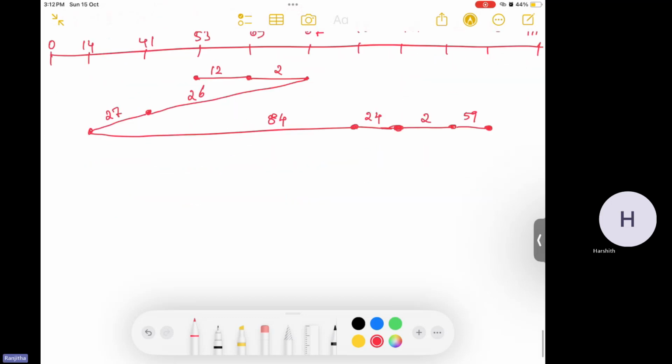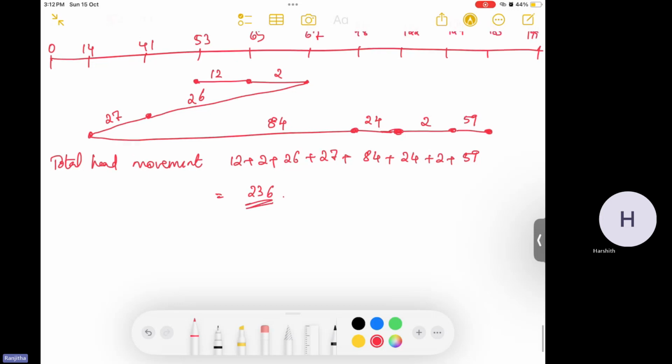So the total head movement in case of SSTF is 12 plus 2 plus 26 plus 27 plus 84 plus 24 plus 2 plus 59, which is 236.